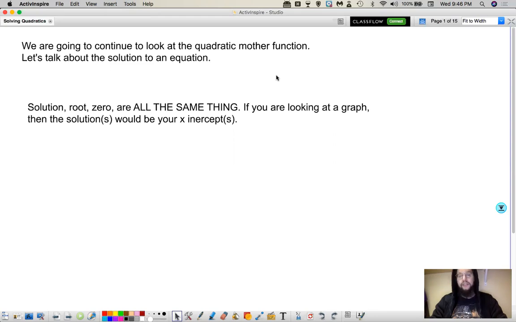Your x-intercepts are your solutions. And that's for any kind of equation. If it's talking about a solution, root, or zero, it's meaning where does that graph cross your x-axis? And if you think about that, the y value whenever it crosses the x-axis is 0. So that's how we solve an equation.